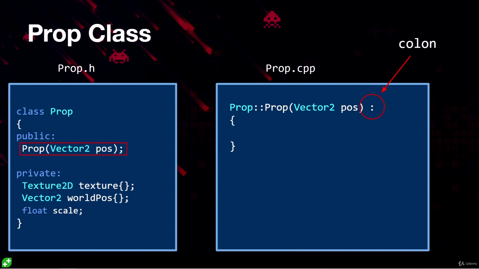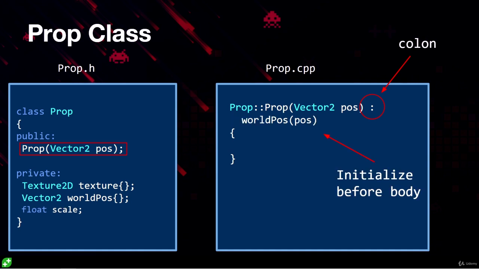Then, just after the parentheses, but before the constructor body, we initialize the member like this. Use the name of the member followed by parentheses with the input parameter inside. Here, worldPos will be initialized with the value of the input parameter pos. No additional assignment will take place. This is the most efficient way to do it.